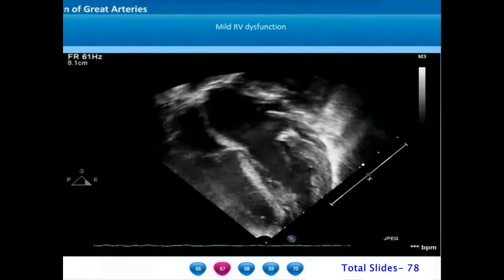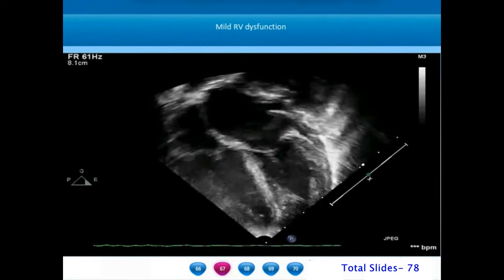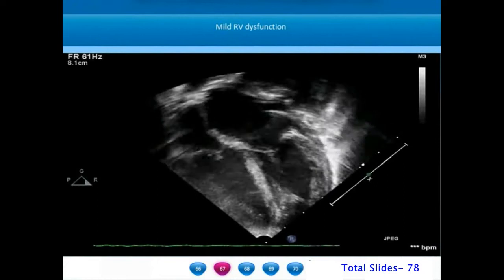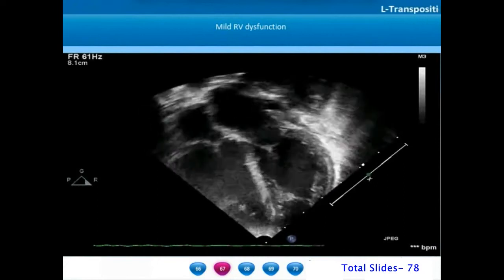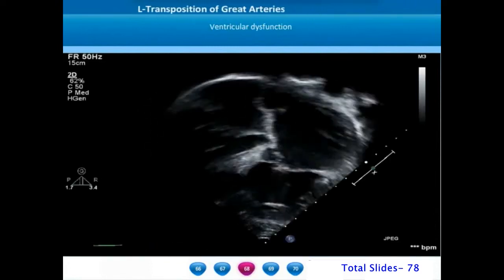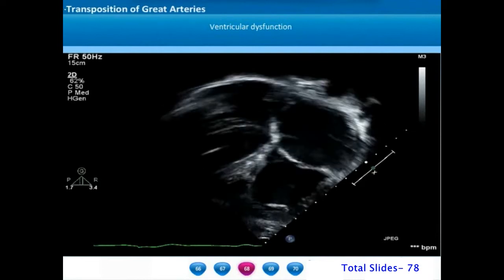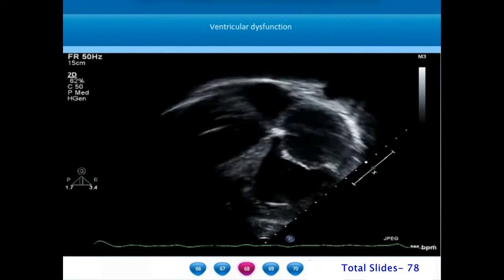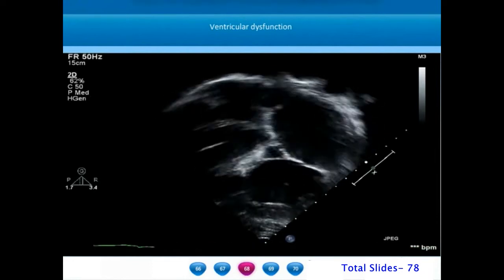When there is a very mild right ventricular systolic dysfunction, it will be appreciated on echocardiogram only as a subtle dilatation of the right ventricle in comparison to the left ventricle. However, as the RV systolic dysfunction progresses, there is progressively more and more dilatation of the right ventricle.